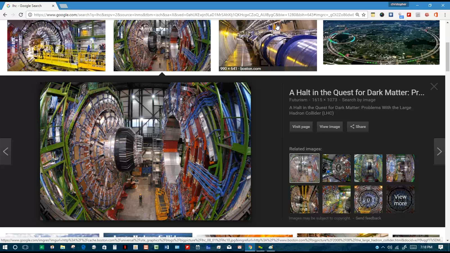The types of particles that they're smashing together are called hadrons. A proton is a type of hadron, just a weird name that they gave for that kind of particle. And so they called it the Large Hadron Collider, large because it's 26 miles around, hadrons because they're smashing this type of particle called a hadron into other hadrons, and collider because they're colliding them.